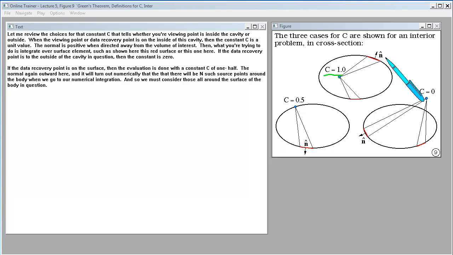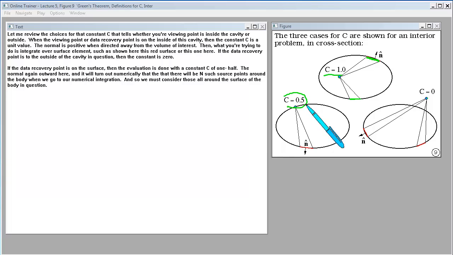Then you integrate over surface elements such as shown here, this red surface or this one here. If the data recovery point is to the outside of the cavity in question, then the constant is 0. If the data recovery point is on the surface, then the evaluation is done with a constant C of 1/2.